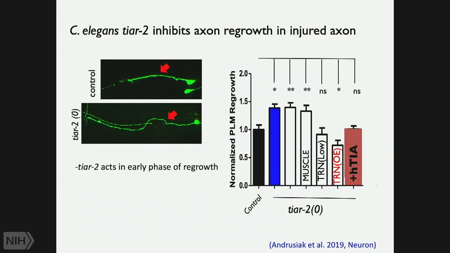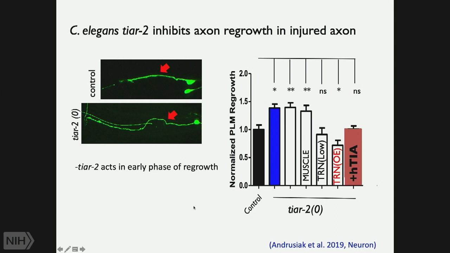Matt Andrusik, a former postdoc, characterized a lot of RNA binding factors and found this one, where loss of TIAR-2 results in more extended regrowth after injury, which is quantified here. We normalize the wild type regrowth as 1, so anything above 1 with statistical significance shows that losing TIAR-2 leads to more regrowth extent.